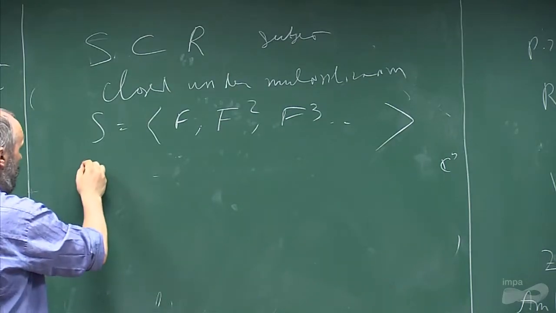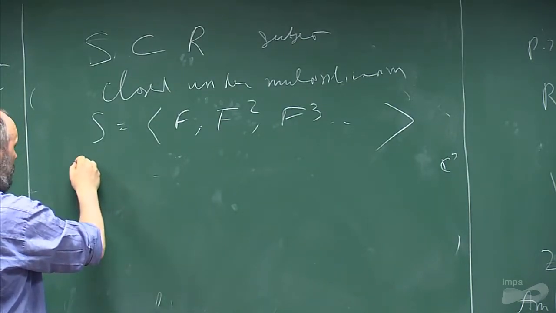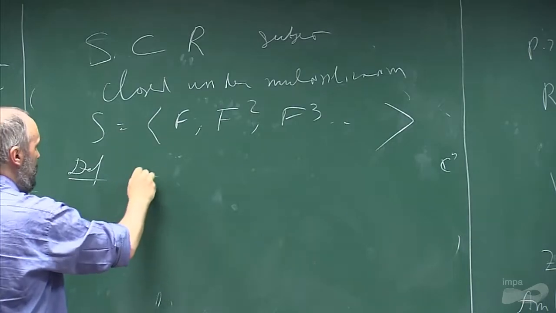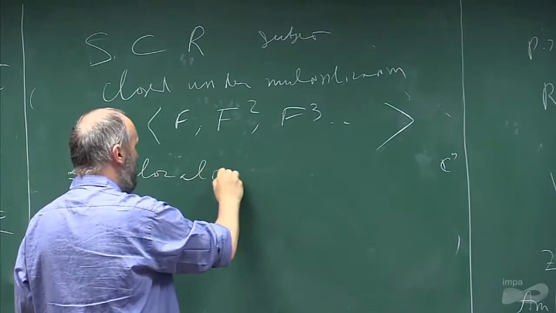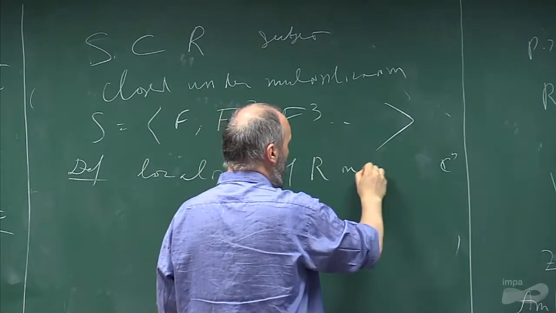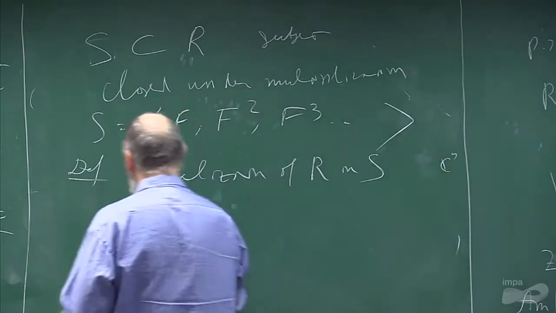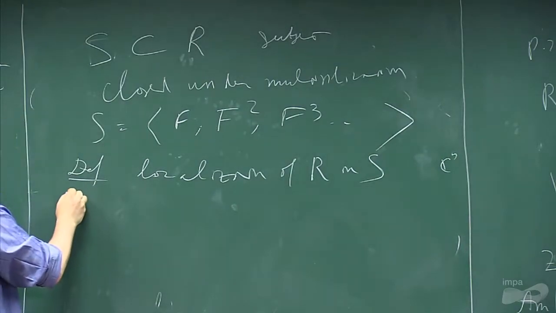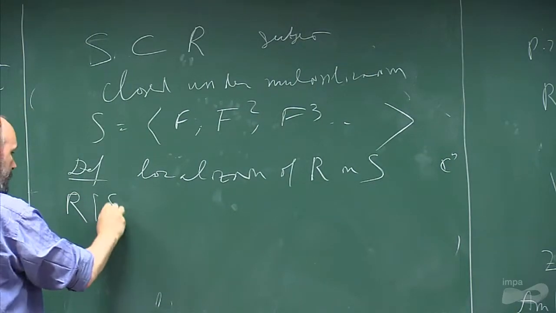Then you can consider a new ring, which is denoted localization of R in S. You can write R of S minus 1.